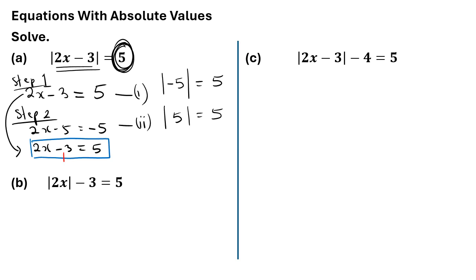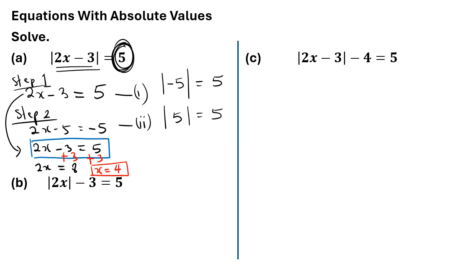We get 2x is equal to 5 plus 3, that will be 8. Finally, you just divide both sides by 2, and then you get x equals 4. I skipped one step because I believe we're getting better at solving equations.